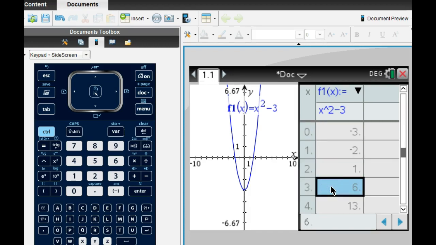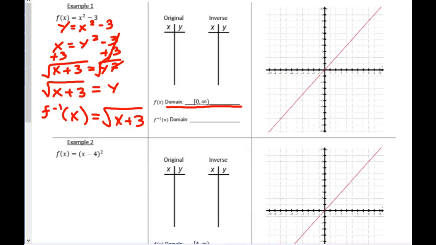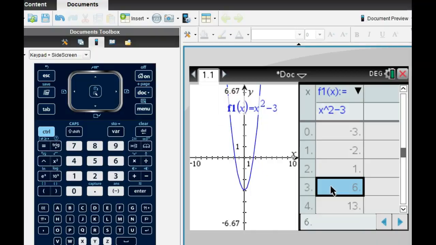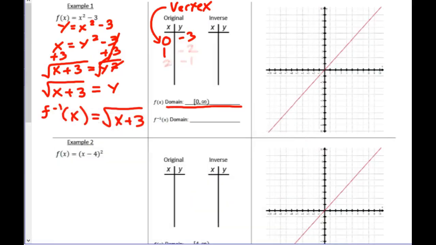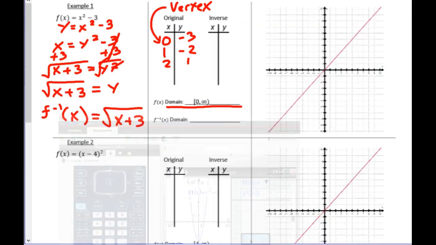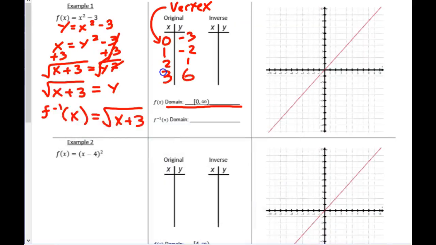Let's put those 4 points down, which is the vertex. 1, negative 2, 2, 1. And then 3, 6. Go ahead and plot those 4 points off to the right, please.